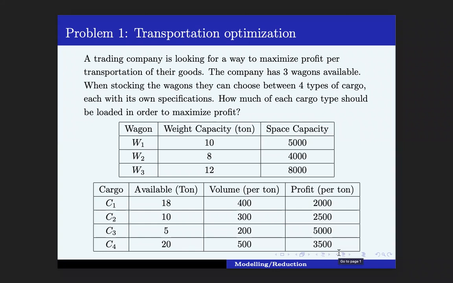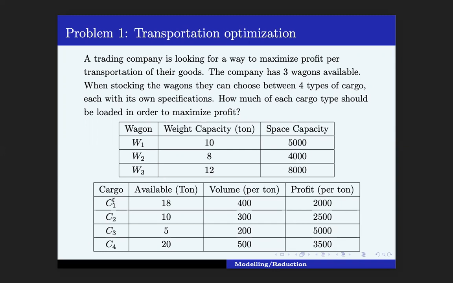But now, is this the best? Would I have done something else that would have maximized my profit? Our job is finally to maximize profit under certain restrictions, right? What are the restrictions? At any point of time, in the wagons, I cannot take more than its weight capacity, and in any wagon, I cannot take more than its space capacity.